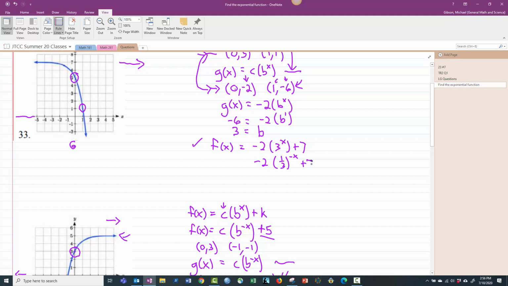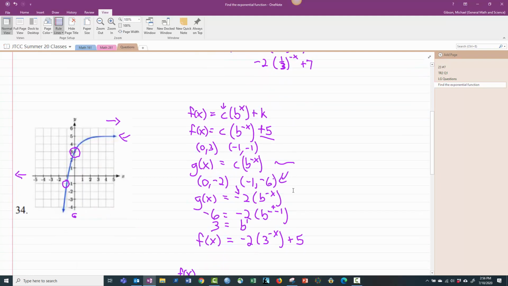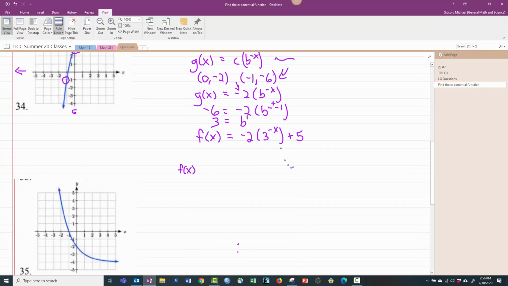Now that one's kind of odd to do because you'd have a minus and a 1/3. You probably wouldn't do that one, right? But by the same token, instead of putting a minus on the x, we could have taken a reciprocal. So this is the same thing. Put the minus on here with a positive x. All right, these two are the same.